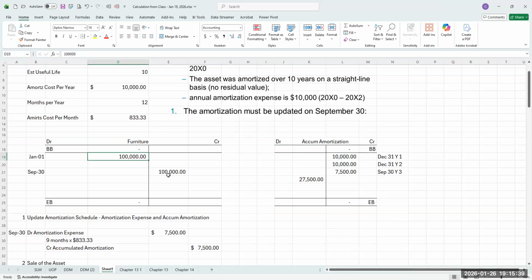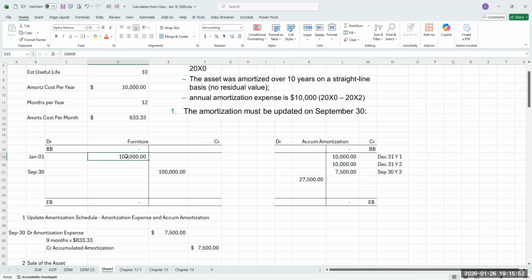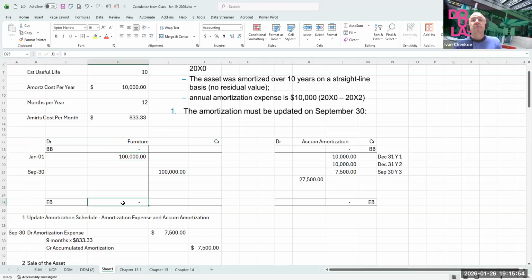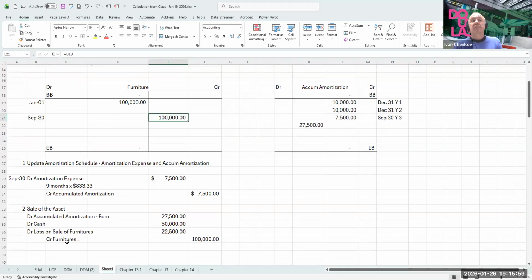When I sell the furniture, do I have the furniture? No, you don't. But if I keep this account with the 100,000 debit, that means I have the furniture, correct? What do I have to do to bring this account to zero? Credit the 100,000. Okay, that makes sense. Thank you.